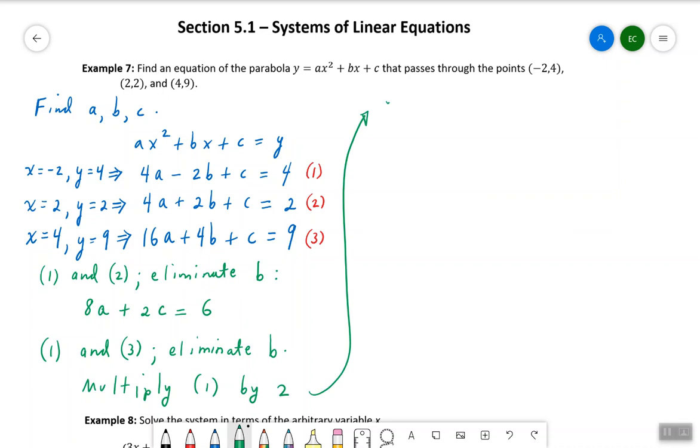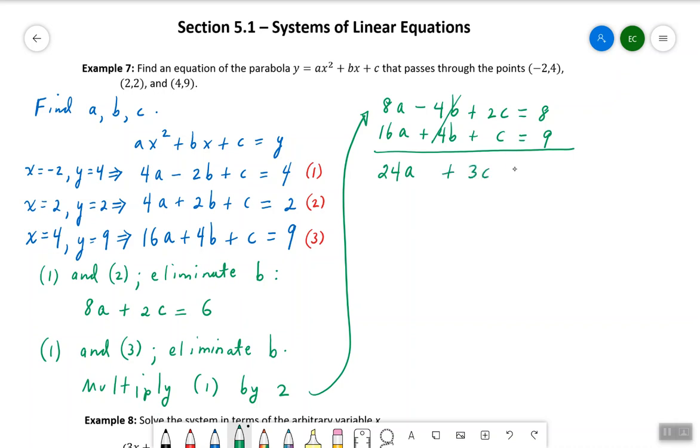And so then I'll get 8a minus 4b plus 2c equals 8. And the third equation, I can just copy it down. 16a plus 4b plus c equals 9. And when I add these together, I get 24a, b's cancel, plus 3c equals 17.